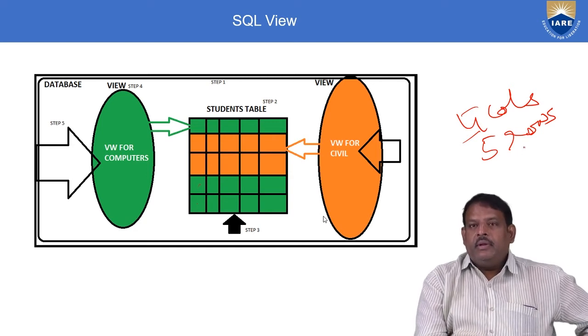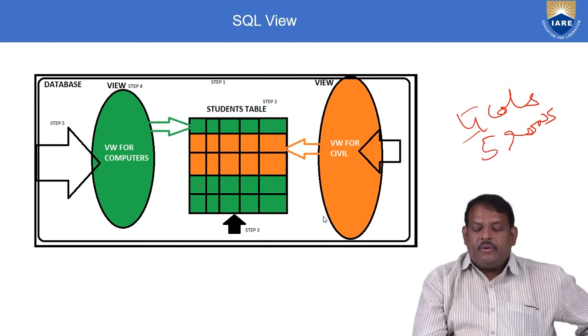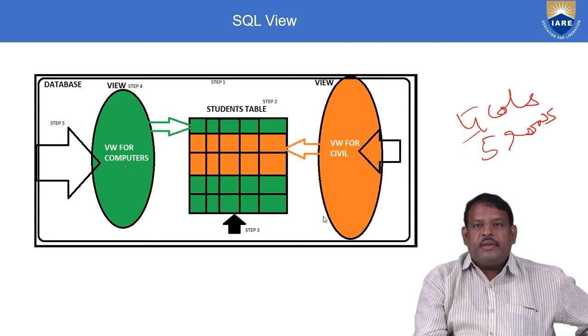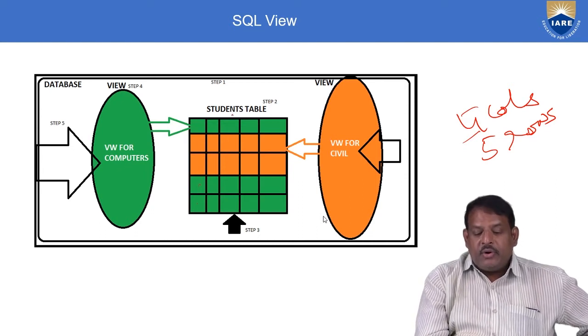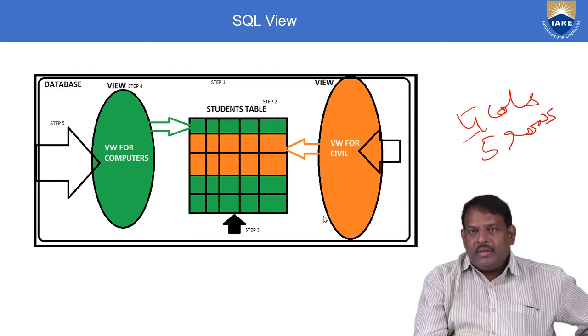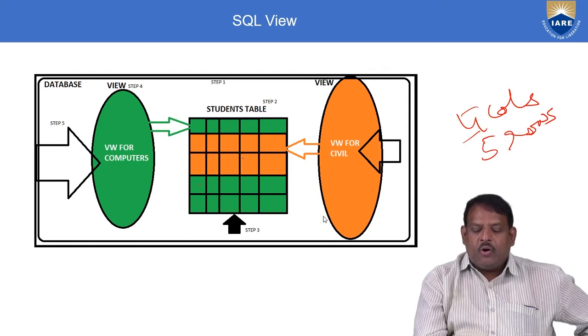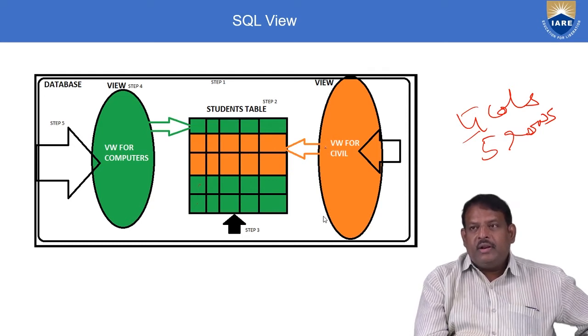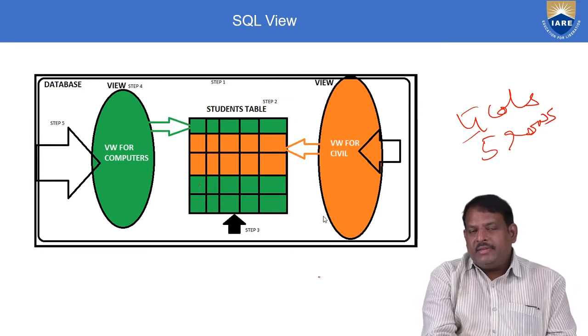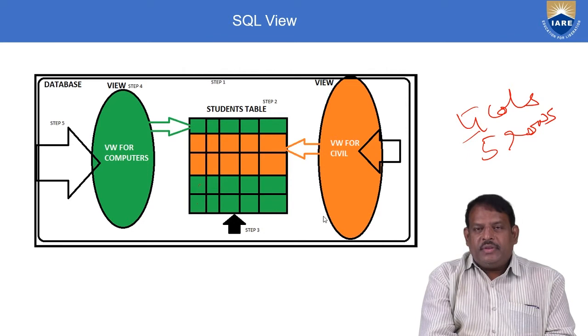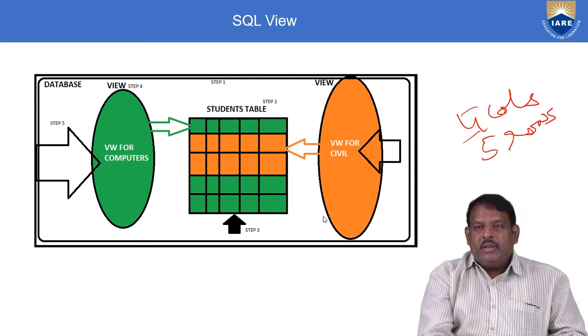We have this table holding data pertaining to civil and computer science. So a student table is having 5 records, out of which 2 are civil and 3 are computer science. Now we have, in the earlier example, we have seen how to create a view for computers. We said that we want information in the where clause.